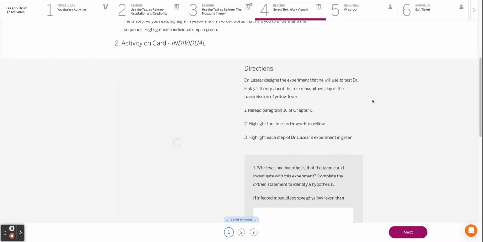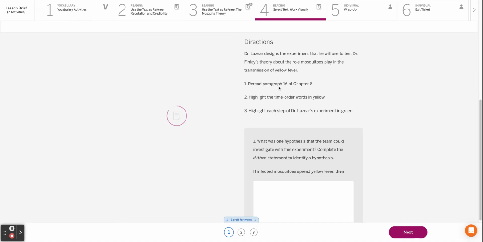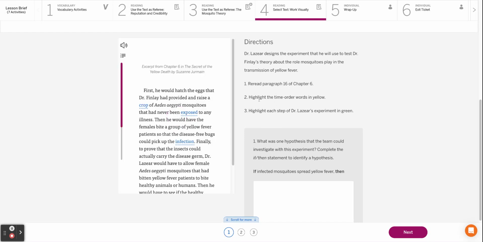And we've got some reading that we're going to do. So Dr. Lazier designs an experiment that he's going to use to test Dr. Finlay's theory about the role of mosquitoes and how they play that role as they spread, theoretically, yellow fever. So you're going to reread paragraph 16 of chapter 6, highlight time order words in yellow.